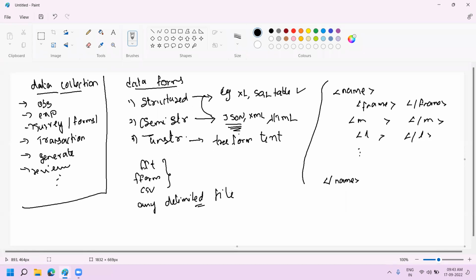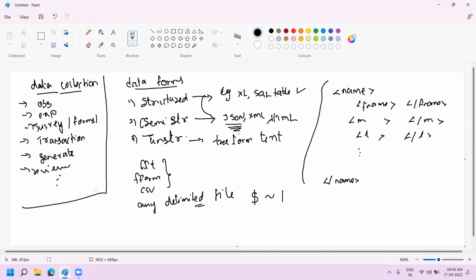Do you always get data separated by a comma? Not necessarily. Some data come with other delimiters like the dollar sign, tilde sign, which is a very common delimiter, or the pipe symbol.